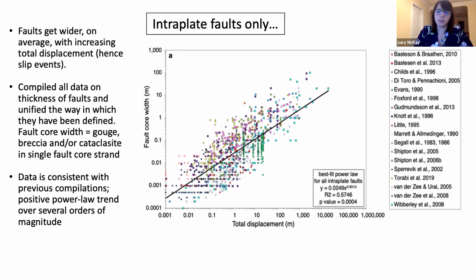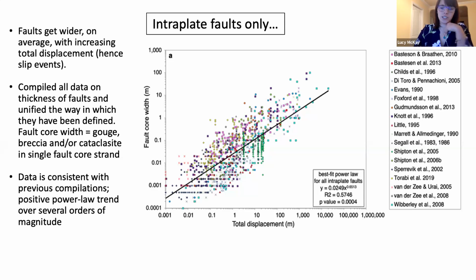So in order to determine how similar the Highland Boundary Fault is to other plate boundary faults, I compiled all the data on the thicknesses of the fault cores and unified the way in which they were defined. Like previous compilations, this is my data here from all these intraplate faults.